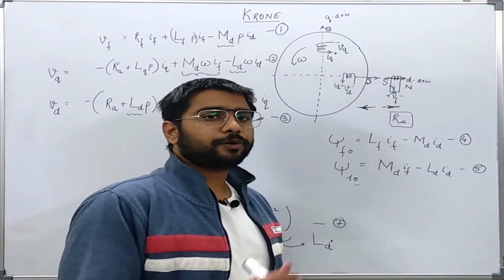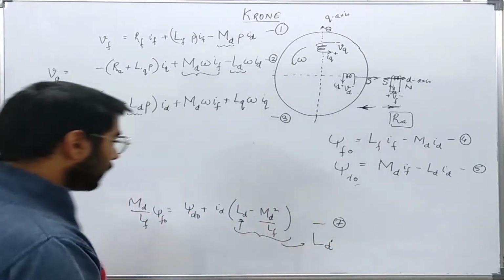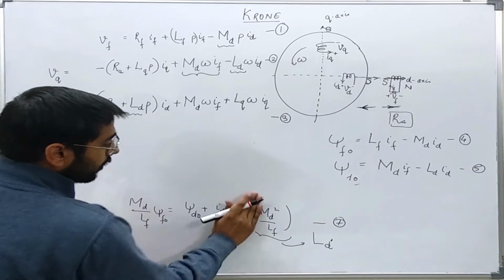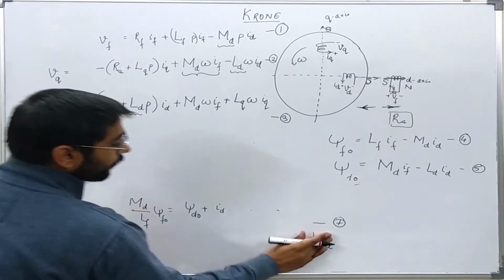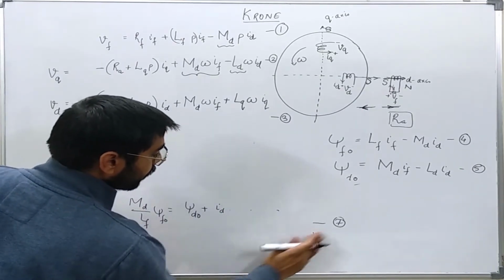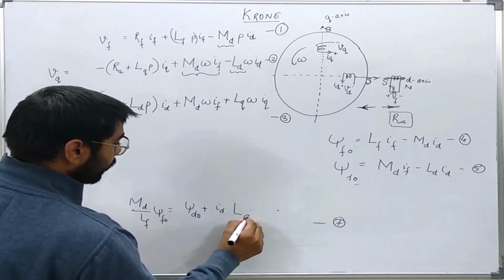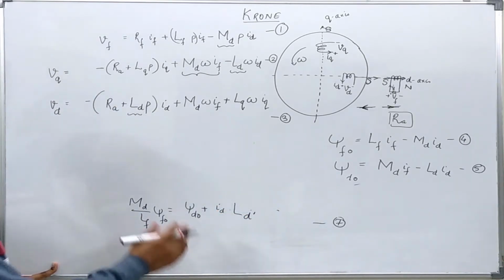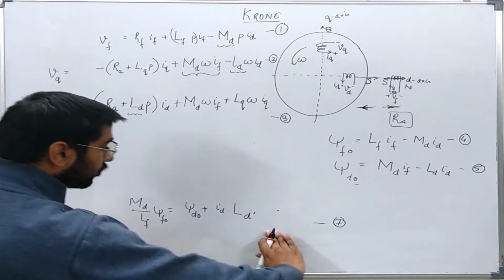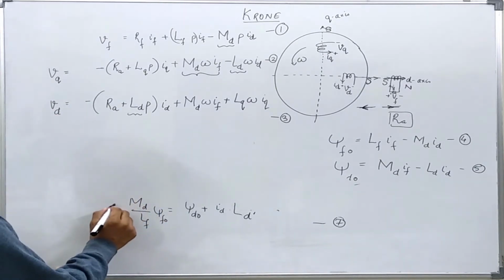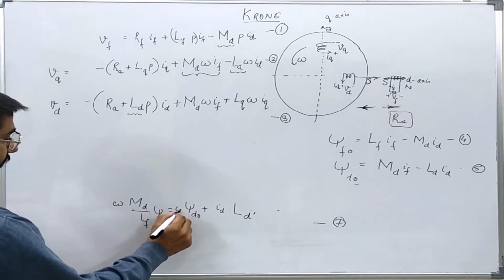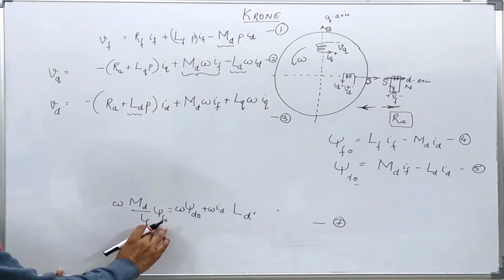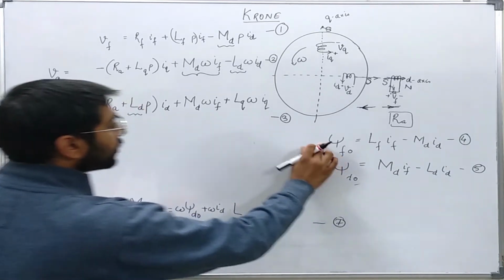Now let us continue the manipulation of this equation. I will put LD dash in place of this, so I will write it here only: ID into LD dash. Now I will multiply both sides with omega, so omega will come here, here, and here. Now I will put the value of psi f naught from this equation.